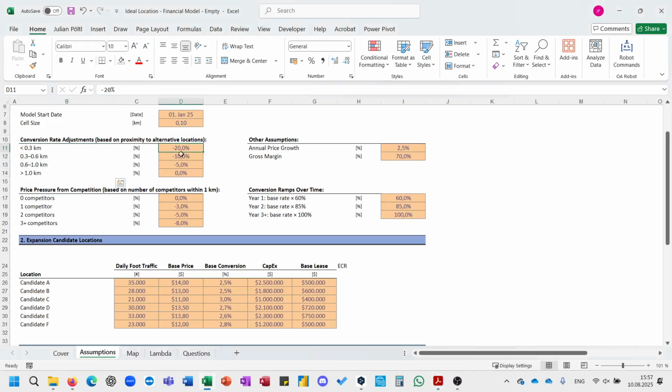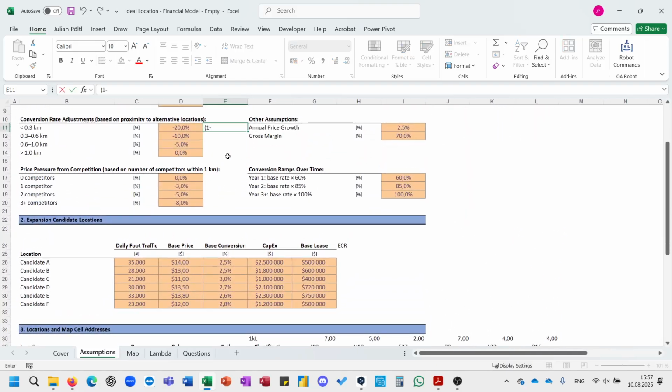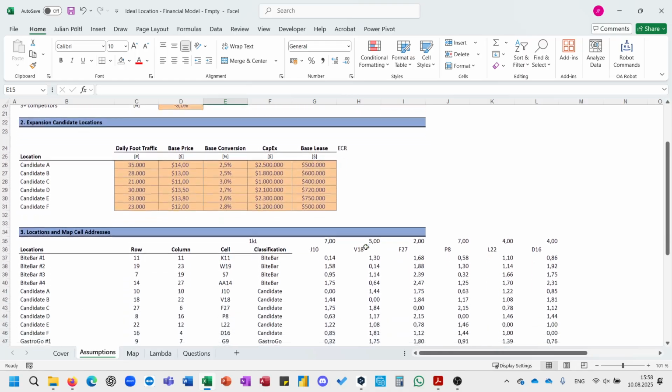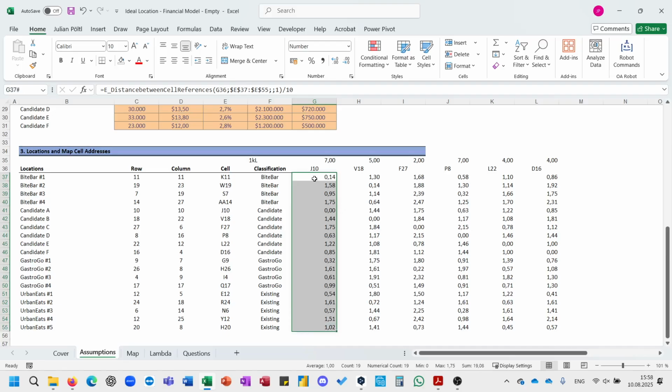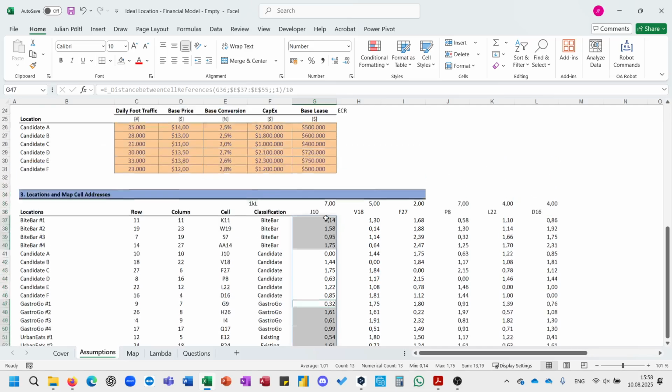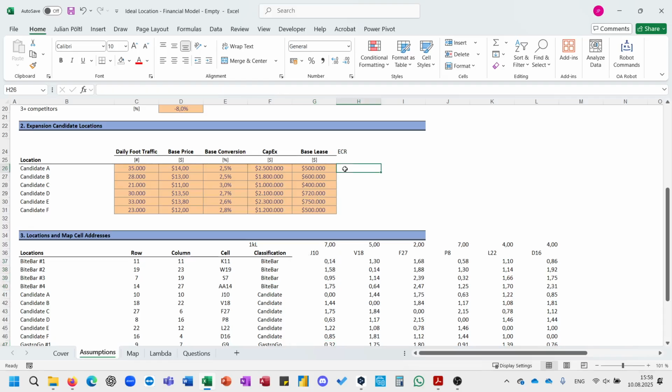Every competitor that is near this certain threshold has an impact of 1 plus this, and then the product of this. So 0.3, 0.6, 1, 1000, and then we simply map all the competitors, this and this existing one and the other brands, for every candidate.